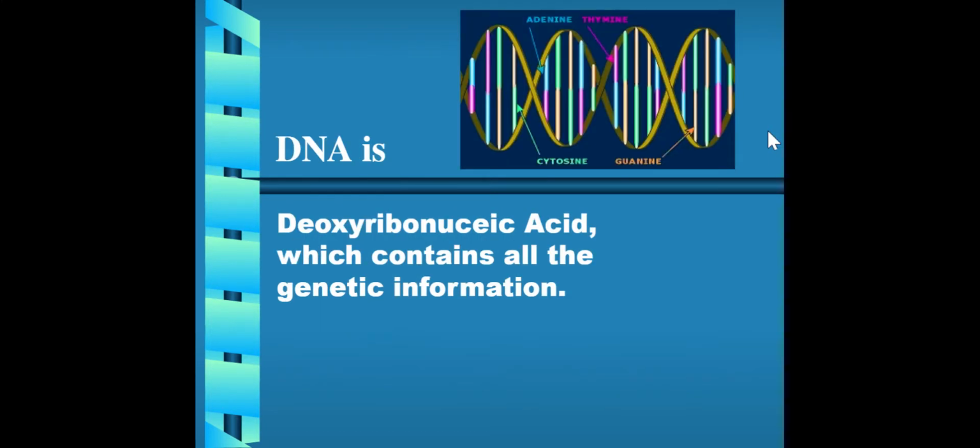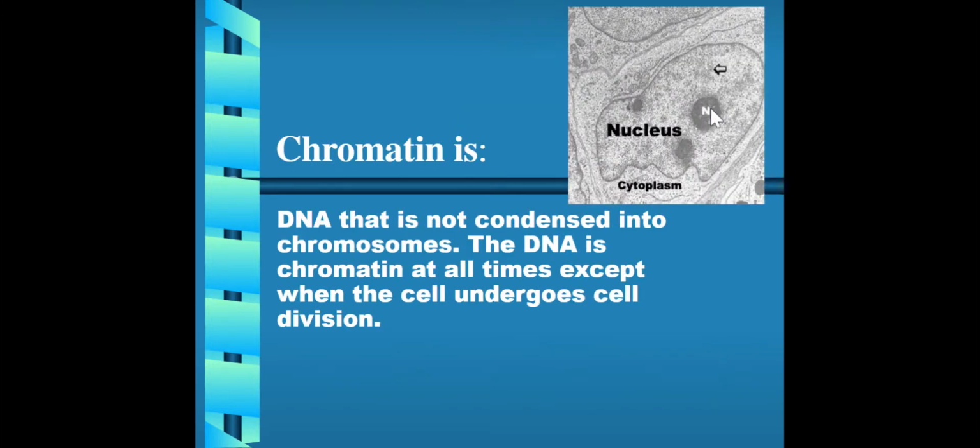So I know you normally think of DNA looking like this, the double helix, but that is so small that even under our microscopes, we can't possibly see that. So this is chromatin. It's the loose DNA that we normally see in the nucleus of a cell. So DNA that is not condensed into chromosomes is called chromatin. The DNA is chromatin at all times except when the cell undergoes cell division.